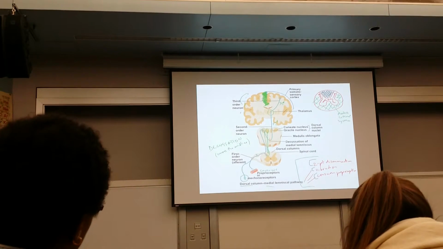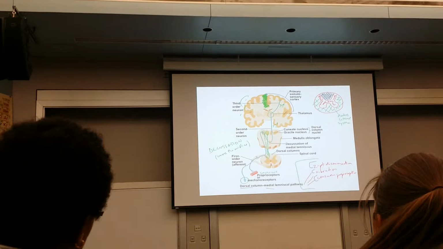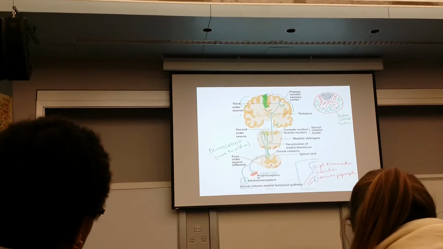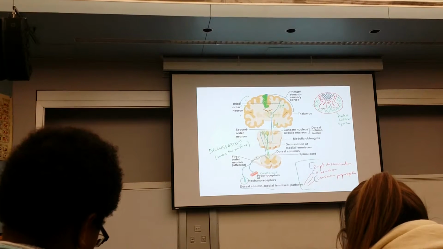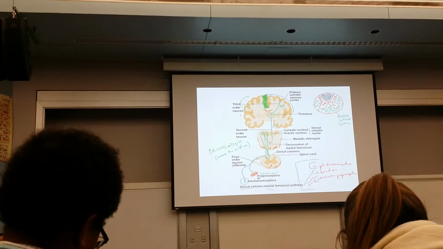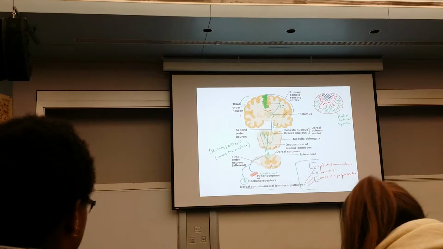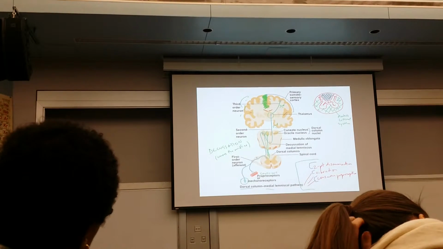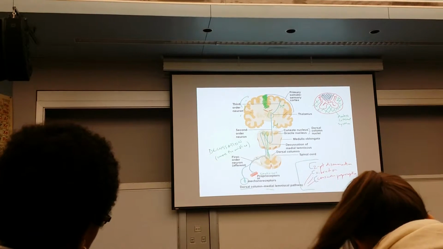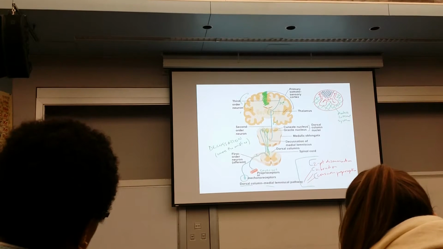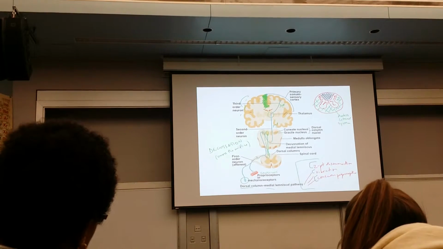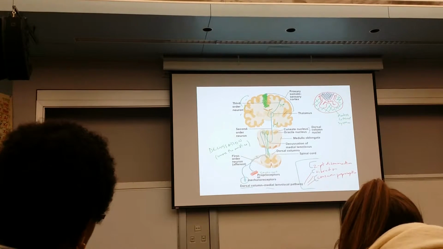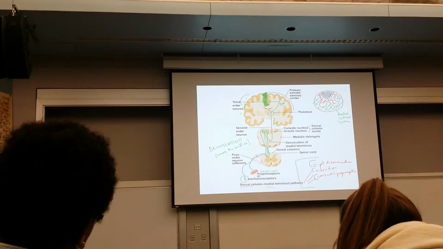I have a stroke here in this area. I'm going to lose sensation if, let's say, the dorsal column, medial lemniscal pathway is compromised. Where am I going to lose sensation to vibration or conscious proprioception? On which side, left or right?